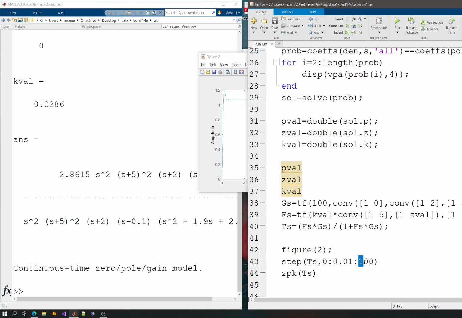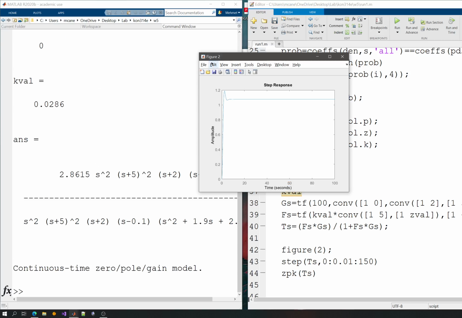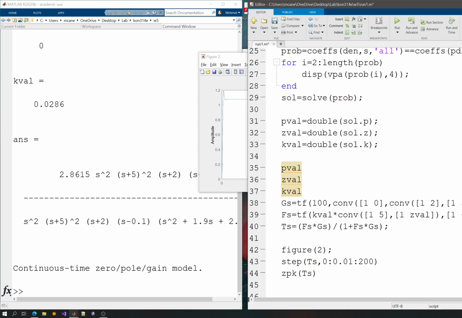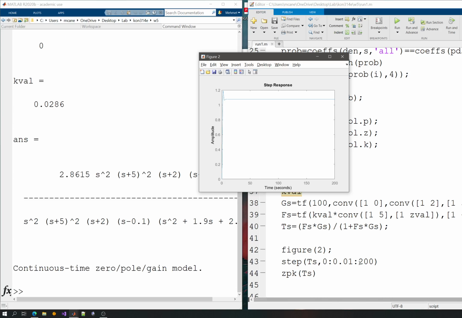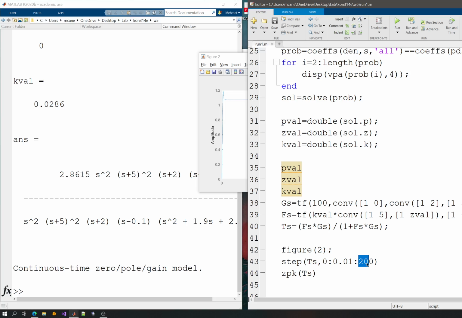And I'm increasing the time here, let's make it 150 seconds. Still no problem. Let me increase it to 200. I guess it takes approximately 400 seconds.